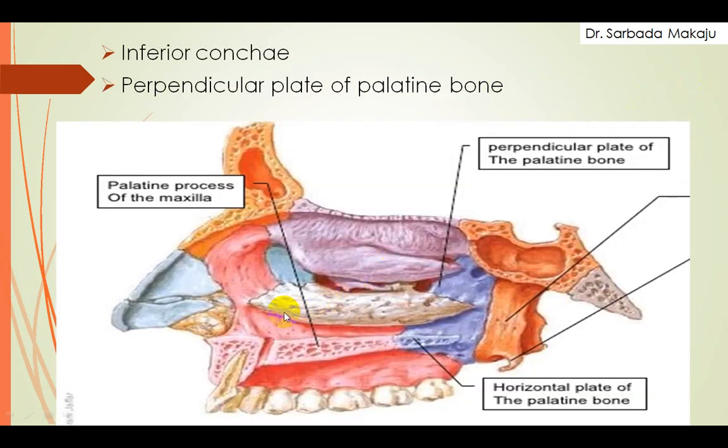Then there is one more swelling, known as the inferior concha. This inferior concha is formed by its own bone, known as the inferior concha.